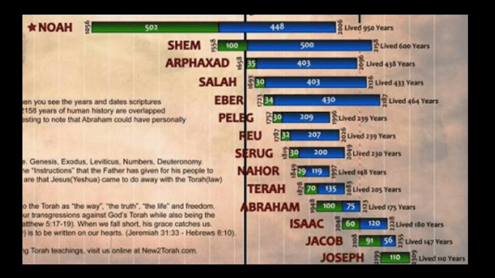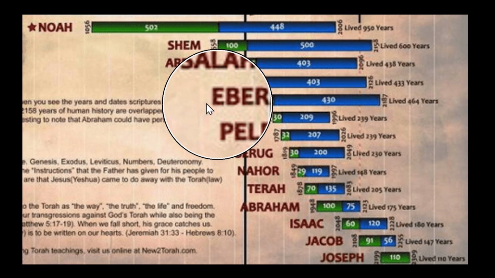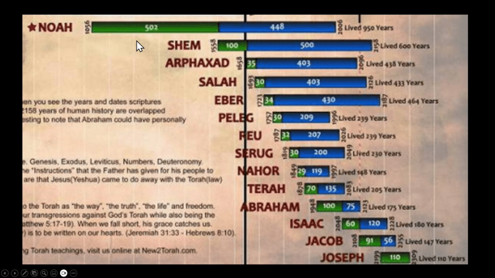Another chart I want you to see here. Now, this goes forward. I recognize that, right? Noah's way at the top here. But I just found this absolutely fascinating when we consider this timeline. Getting a little ahead, but Noah, who lives to 950, is actually still around for the first 50 years of Abraham's life.